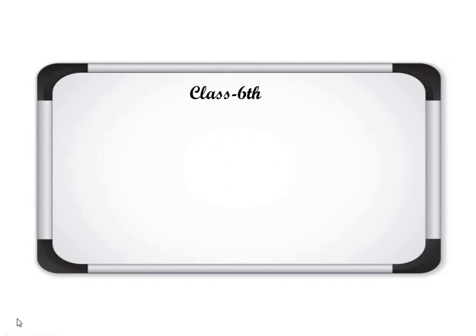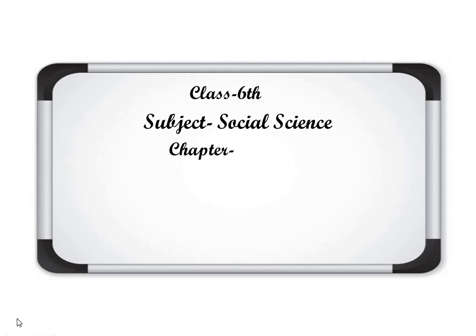This is class 6, subject social science, chapter number 8 of civics. As we have already started, the name of the chapter is rural livelihood. In this chapter, we have already covered one lecture in which we talked about the economic activities.